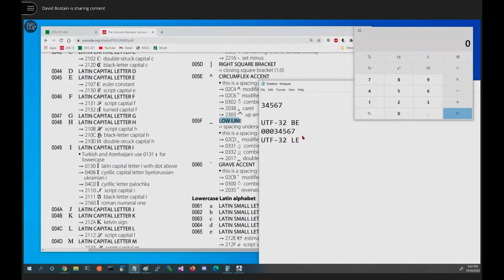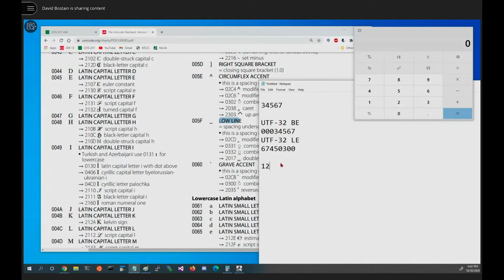The UTF-32 little endian would be 6, 7, 4, 5, 3, 0, 3. Did I get them right? 0, 3, 4, 5, 6, 7, 0, 0. We take a byte at a time and put them in the other order. And with 32 bits, we have to exchange all of the nibbles and bytes around like that. So this is the UTF-32 encoding of the same thing.